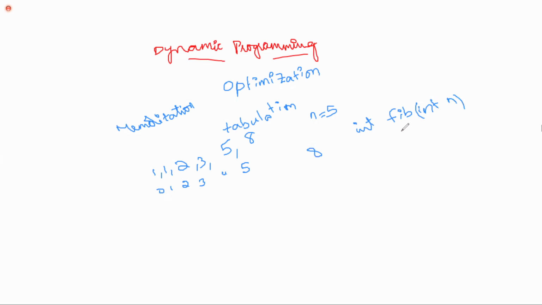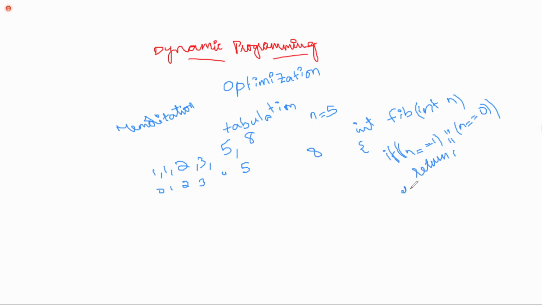Here, if n equals 1 or n equals 0, then we'll return 1 only. If either n equals 1 or n equals 0, I'm returning the value as 1.